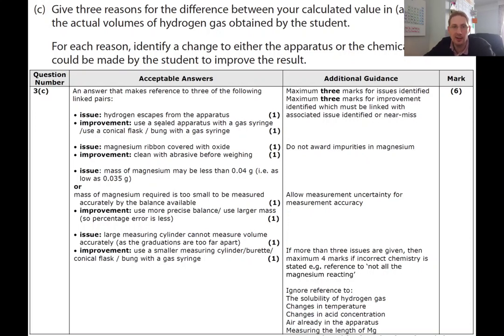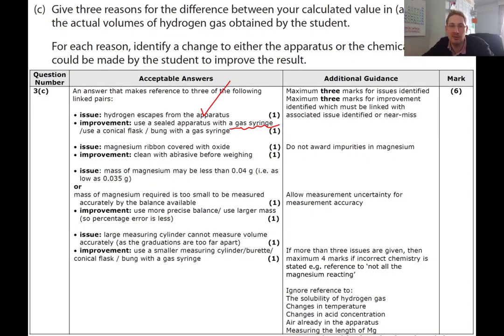They wanted hydrogen escapes from the apparatus. Use a sealed apparatus with a gas syringe. Okay. So this seems to imply that you were collecting over water. Can't quite see there. But using a gas syringe might prevent hydrogen escaping.